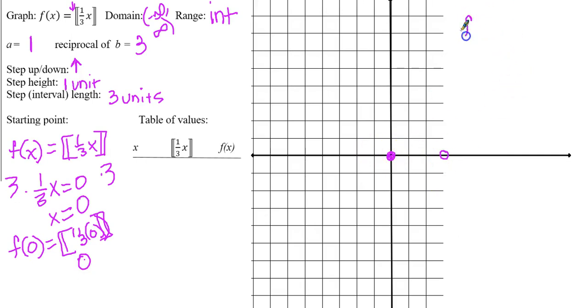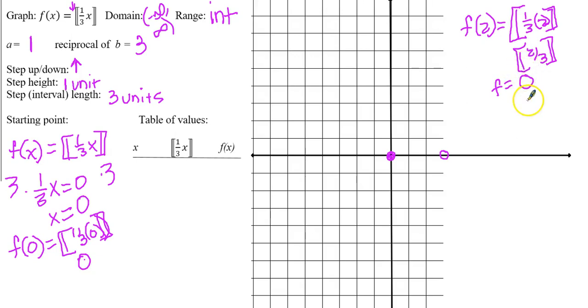If I do f of 2, that is the greatest integer of 1/3 times 2, which is 2/3, and 2/3 rounds down to 0. Even here at 2, I'm still rounding down to 0 because each number is 1/3 of the whole. So if I do 1, what's 1/3 of 1?